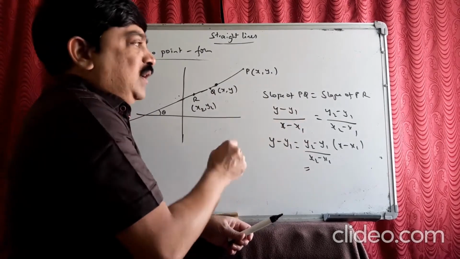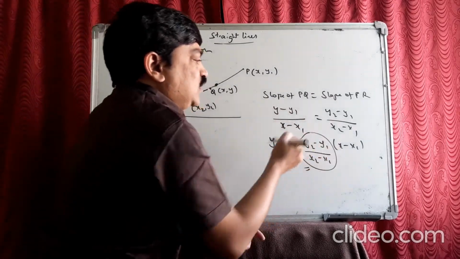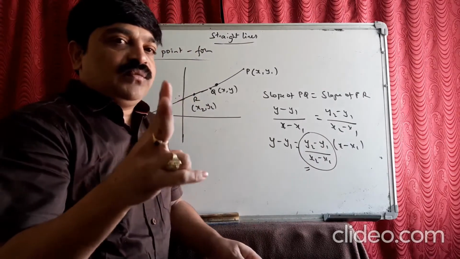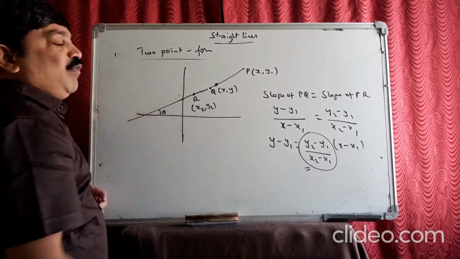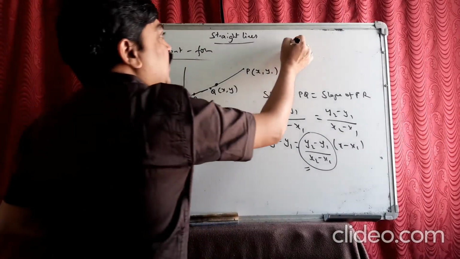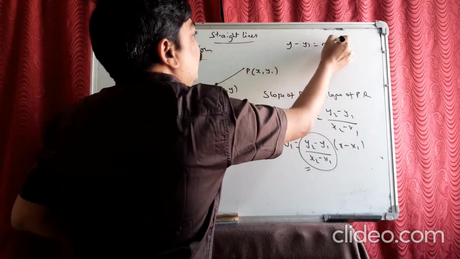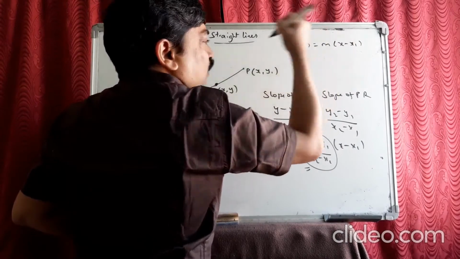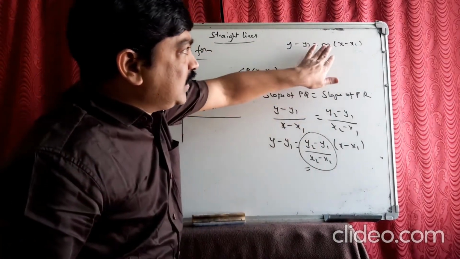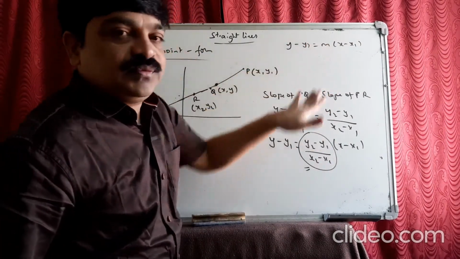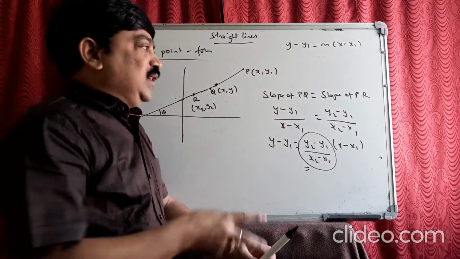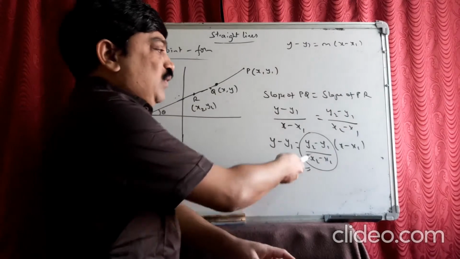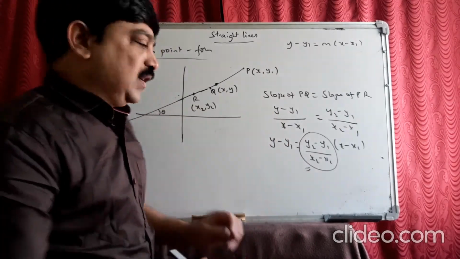But we need this as the slope because two points are given. In the previous concept, point slope form, y minus y1 is equal to m into x minus x1. That m is nothing but the slope of these two points, so to find the slope of the line we need two points, x1, y1 and x2, y2. Like that also you can go ahead.